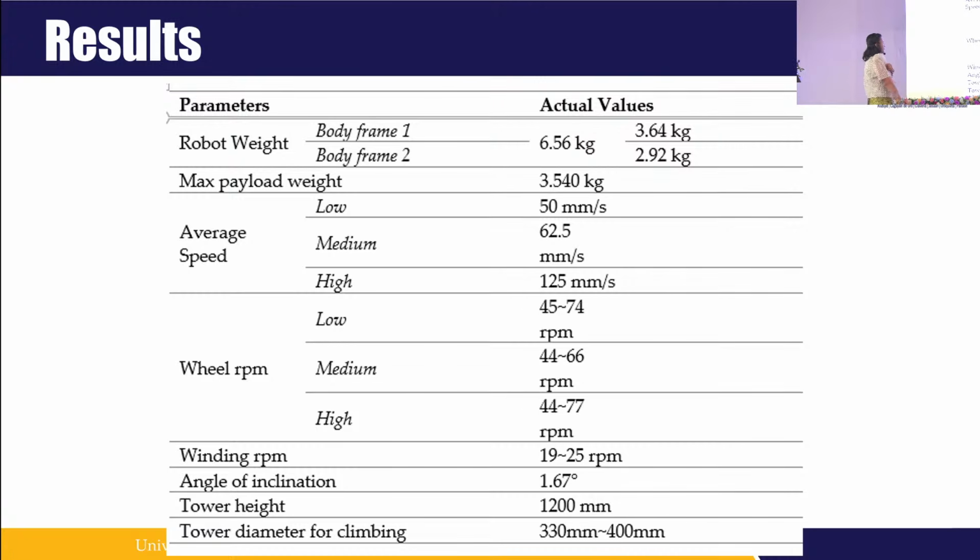And then we have the angle of inclination, that is 1.67 degrees. And then the total tower height is 1,200 mm. The diameter of the lowermost part is 400, and the uppermost part of the tower is 333 mm.